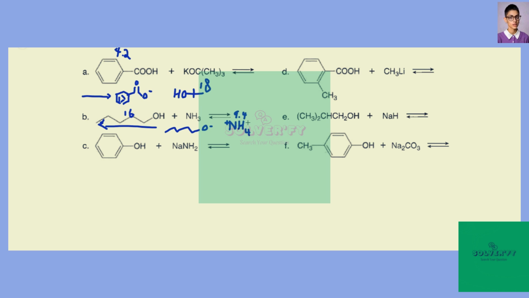So now in C, if we start with C, we see that once again we have an alcohol, we have sodium amide, which is an even stronger base, and we are going to deprotonate this to our conjugate base and our conjugate acid.